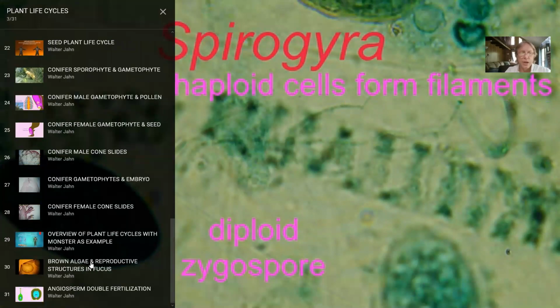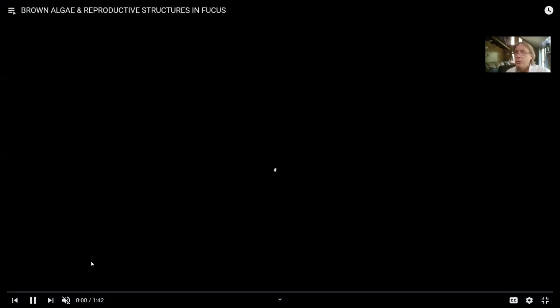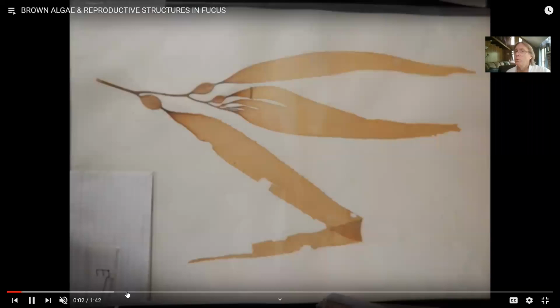Now, I would like to get into plants. Green algae are obviously protists. There are different types of protists and different types of algae. And some, for example the red algae and the brown algae, are far more complex in their reproductive structures than that.